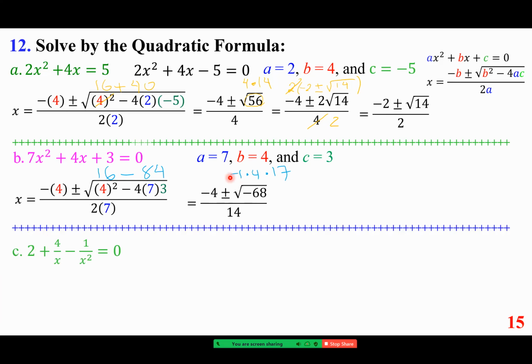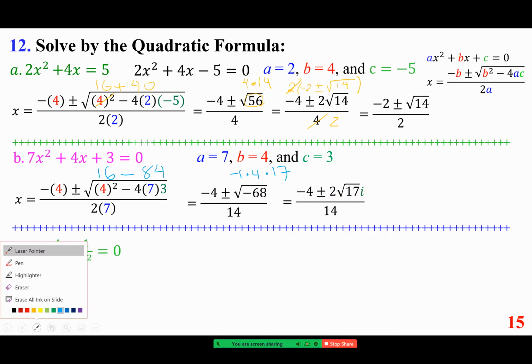So what happens? -1 is represented by i, 4 is represented by 2. Sometimes they put the i in between because they want to make sure it's clear that it's not under the radical. Otherwise, it's completely wrong. And just as we did here, we factor the 2 out.